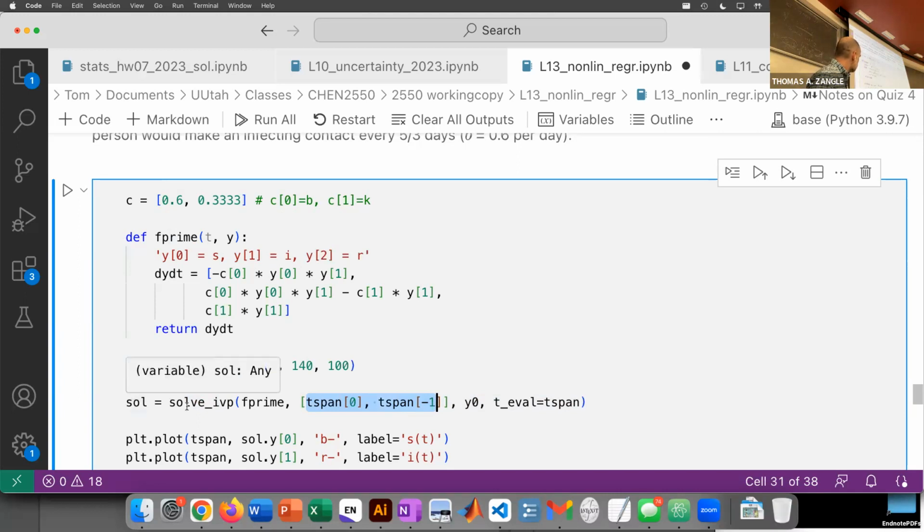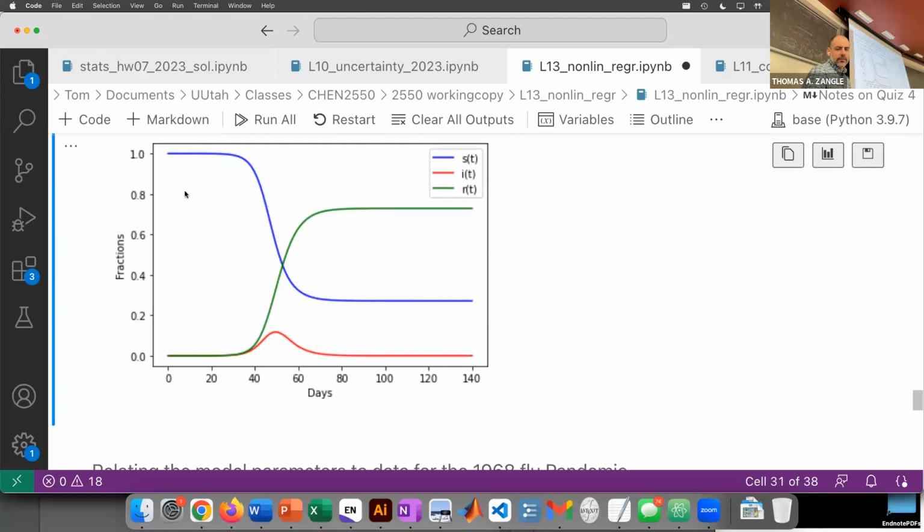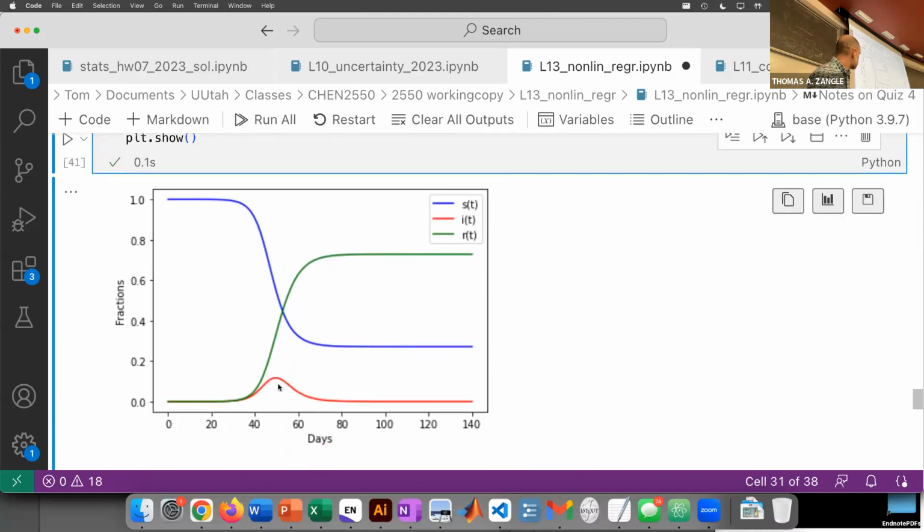We can use this solve IVP, and even though we don't have a single equation relating these values to time, we can figure out what they are as a function of time using numerical integration and then plot them. So in this case, we're plotting those values for s, i, and r as a function of time. And we're seeing that for these particular parameter values, we predict a peak of around 50 days in terms of the number of infected people in the population.